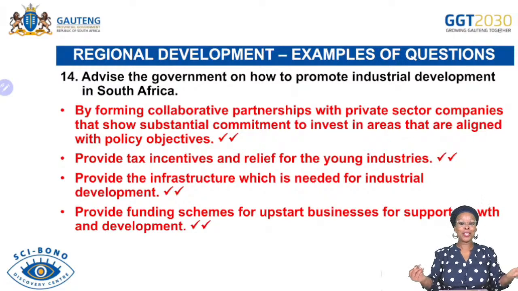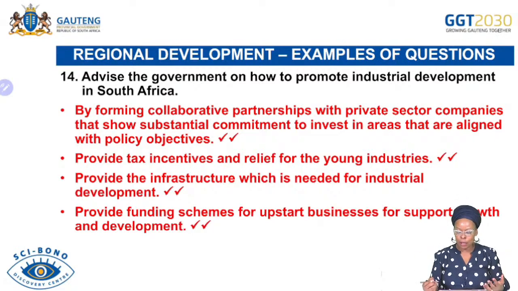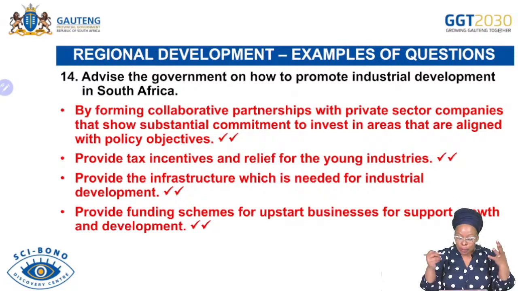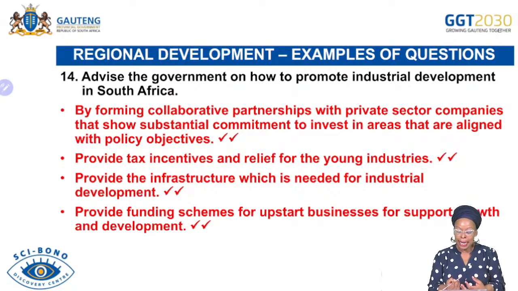In this lesson, I told you about the PPP, private-public sector partnership. You can advise the government to form collaborative partnerships with private sector companies that show substantial commitment to invest in areas that are aligned with policy objectives.